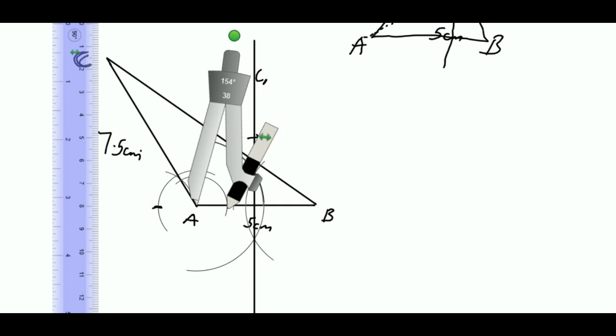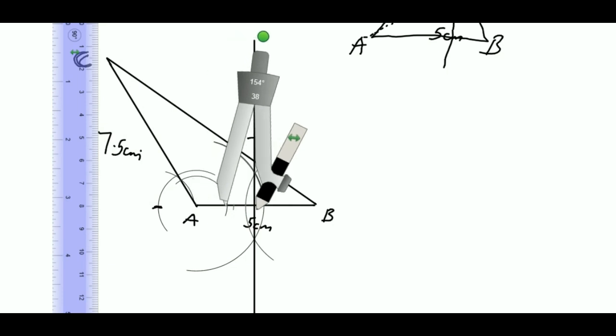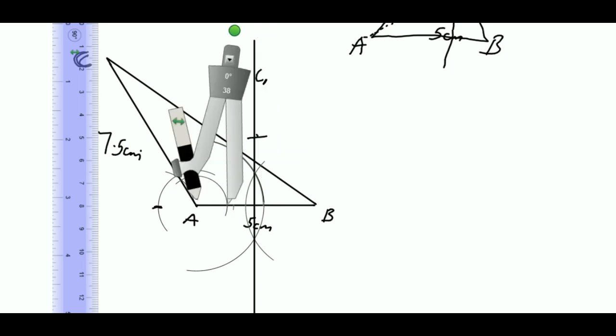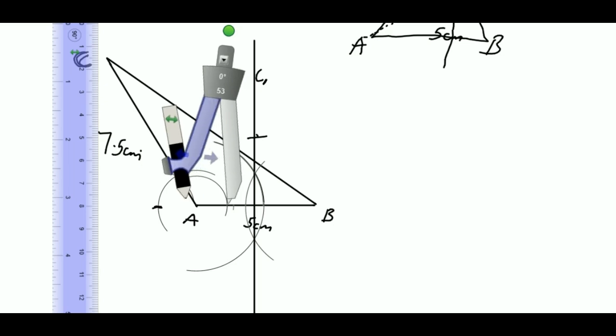Once you're done, take your compass, put the needle point where the arc intercepts one of the lines. Then you can use the same radius, or you can decide to extend it further. Okay, let me extend the radius further.